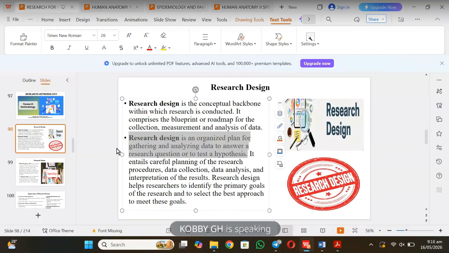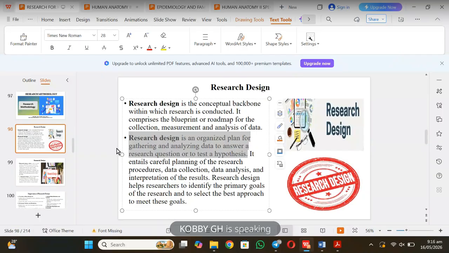Is that okay? So the primary reason why you are doing your study is to get answers to your research questions. Now the question is, how do you get those answers? That is where research design comes in. So every strategy you can think of as a researcher that will help you to get answers. For example, the questionnaire that you design, the reason why researchers design a questionnaire is they want to get information to answer their research questions.